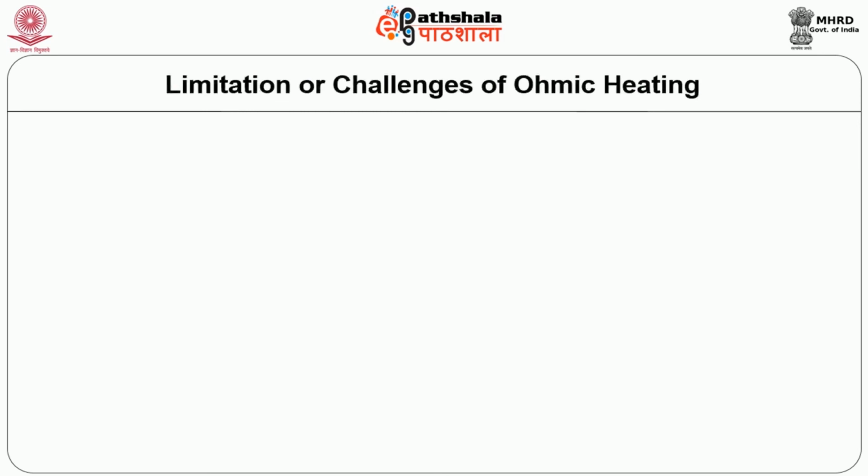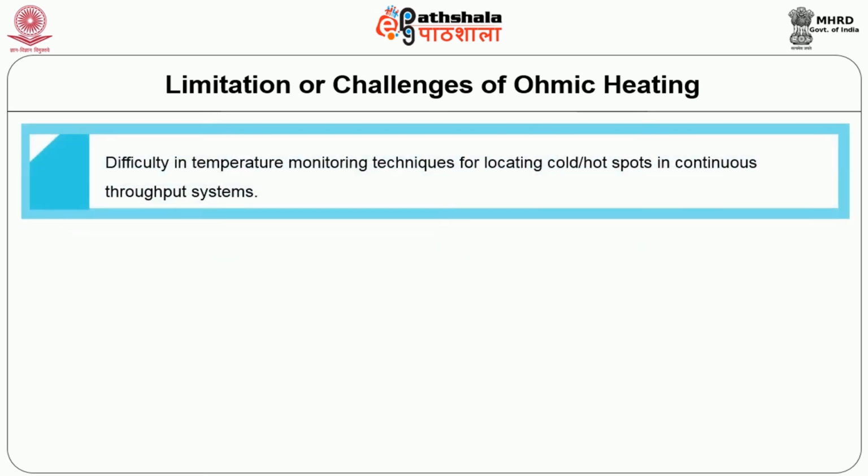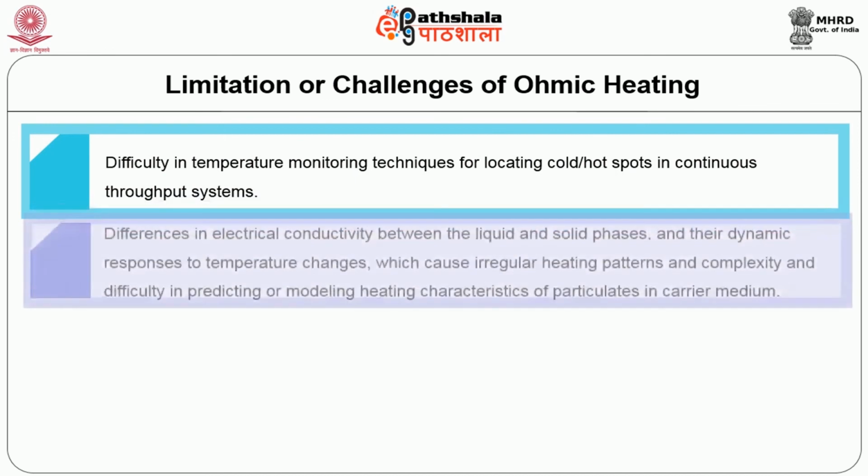The ohmic heating process has its own limitations or challenges apart from its advantages. They are: difficulty in temperature monitoring techniques for locating cold or hot spots in continuous throughput systems.